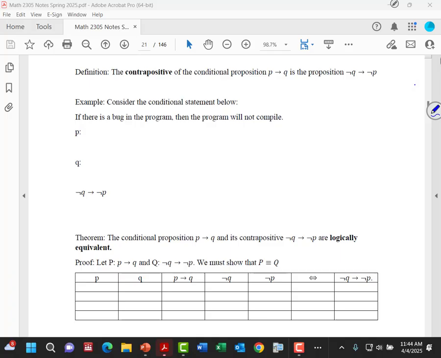So the P is there is a bug in the program. The Q is the program will not compile.